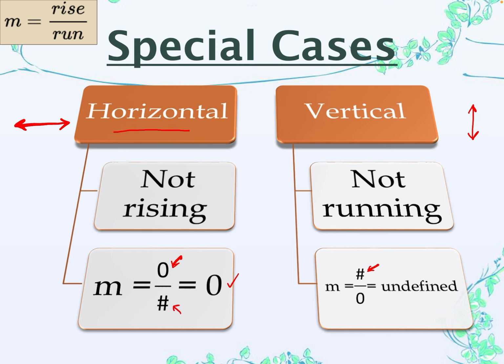So that top number in our slope is going to be some number other than 0. And then our run is 0 because we're not moving left or right. Now, when we divide any number by 0, we get undefined. So a horizontal line has a slope of 0, but a vertical line is the weird one. That has a slope that is undefined, an undefined slope.